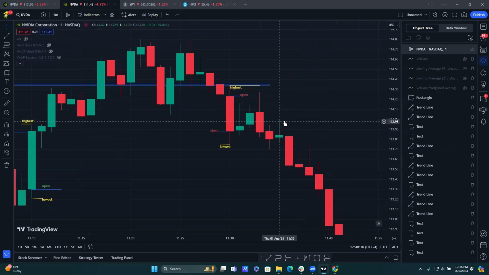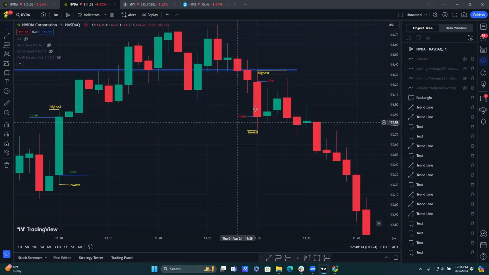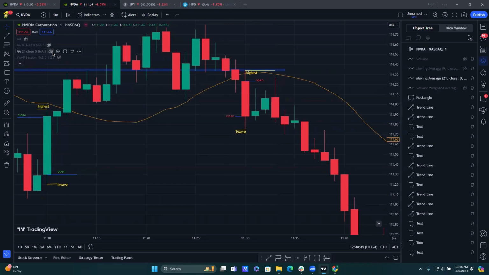There are also indicators. We're not going to go too far into indicators. They can get messy. I think some of you have used the simple moving average. I like the simple moving average. I have it here, a 9-day and a 21.